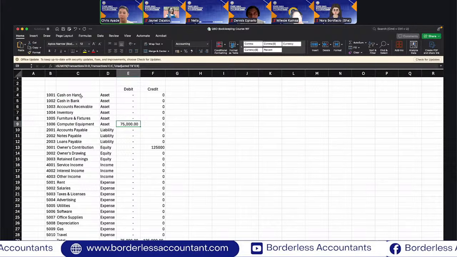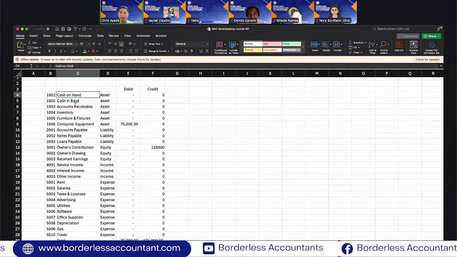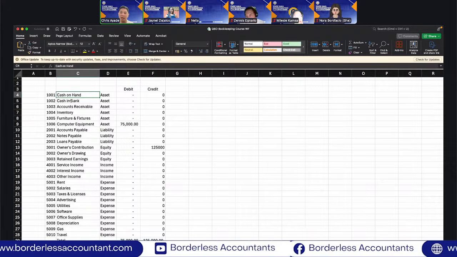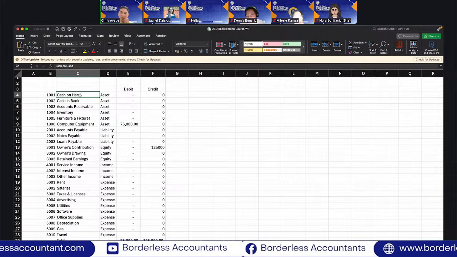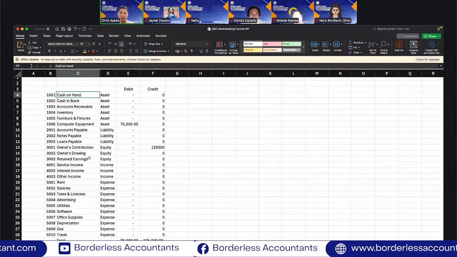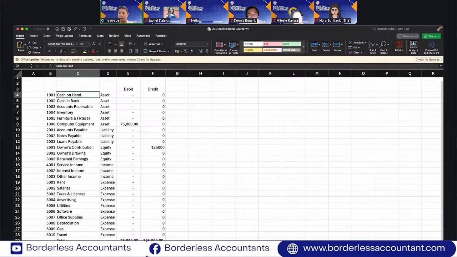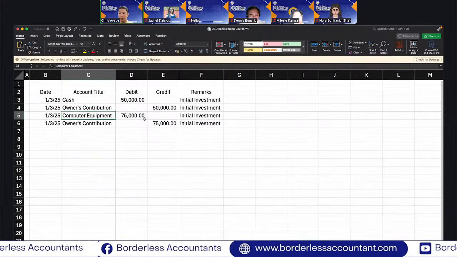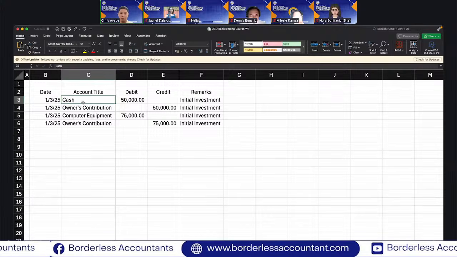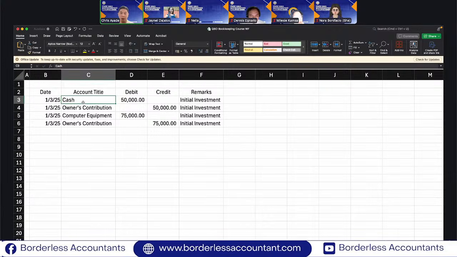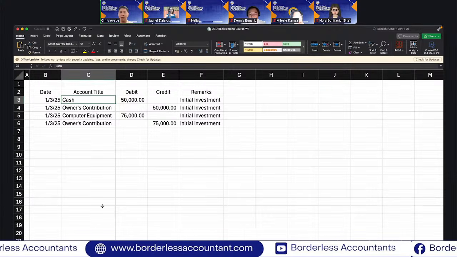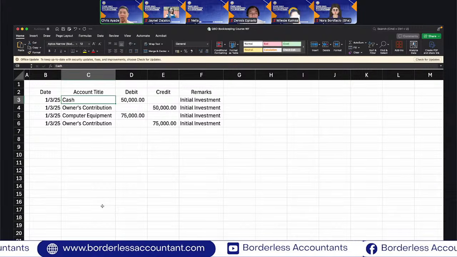Kasi yung chart of account mo, yung cash on hand is defined as cash on hand. Strictly it says cash on hand. But when I was recording the transaction, I only said cash here, right? So I'm not being a thorough bookkeeper, right?